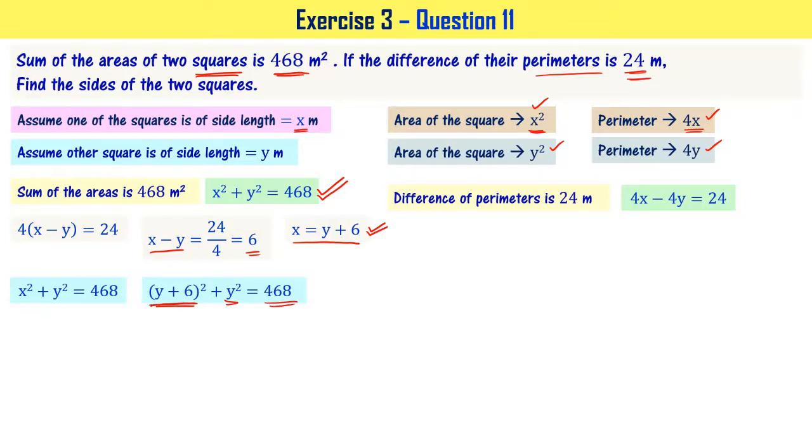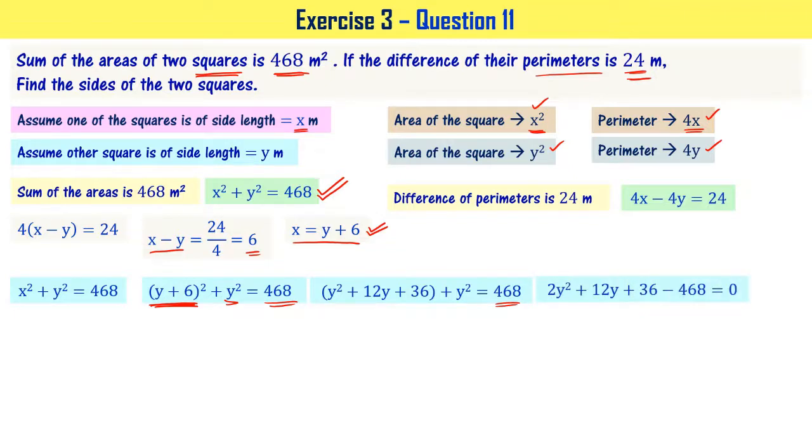Let's expand (y plus 6) whole square using the (a plus b) whole square formula, so that I can write it as y square plus 12y plus 36 plus y square equal to 468, right? Now I can rearrange this equation such that y square plus y square becomes 2y square, 12y is written as is, 36 is written as is, and 468, when it comes to this side, becomes minus 468, equal to 0.